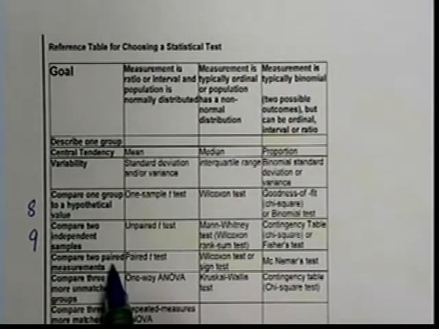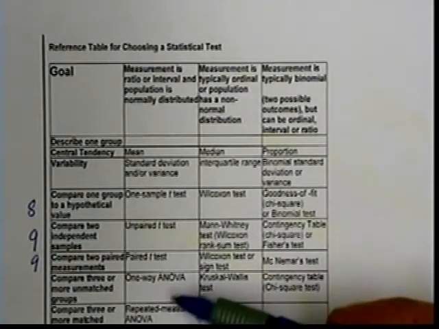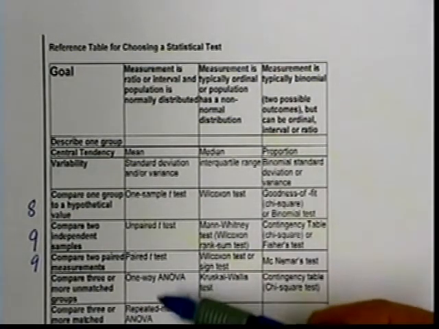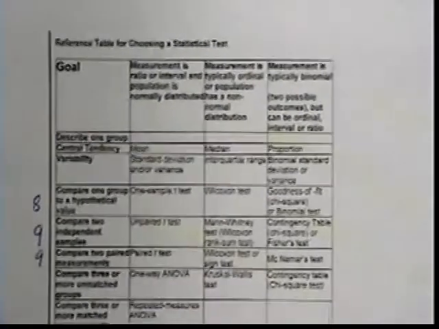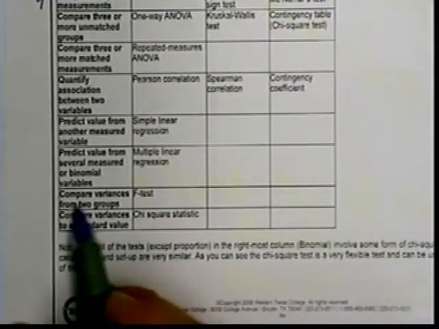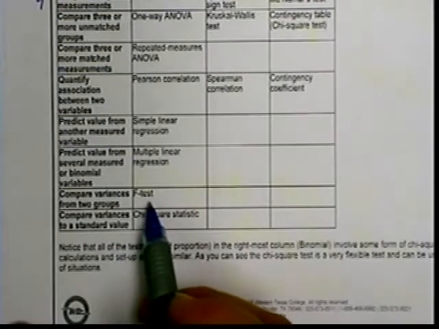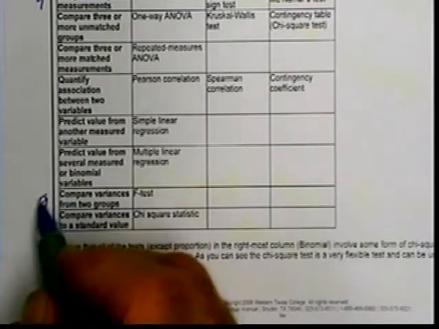Comparing two paired measurements, again, that's in Chapter 9 also. Then we're going to go on and cover the analysis of variance and other things later on in the course. When we compare variances from two groups, that's the F test. That's also in Chapter 9.